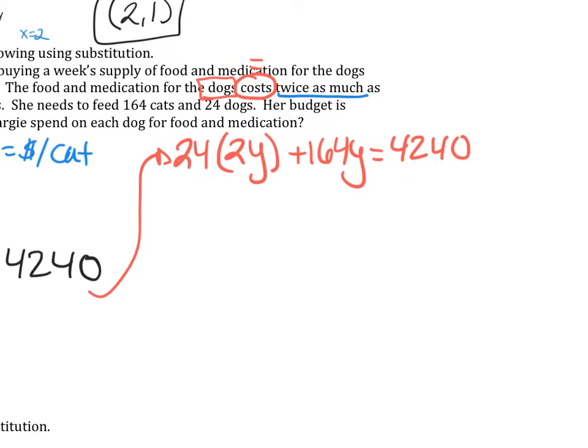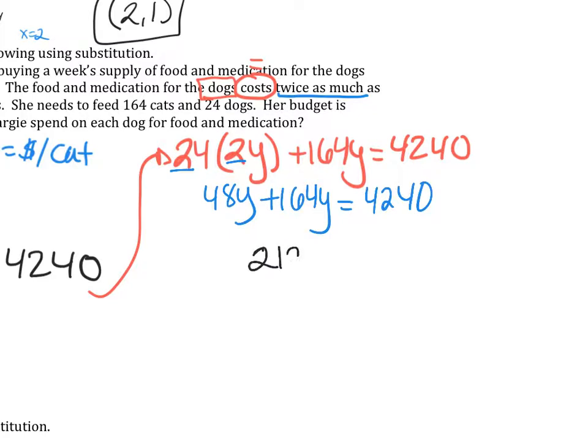Then we can multiply, so we have 24 times 2 gives us 48y plus 164y equals 4,240. Now the variables are the same, so we can add together 48y plus 164y. What does that give me? 212. So 212y equals 4,240.